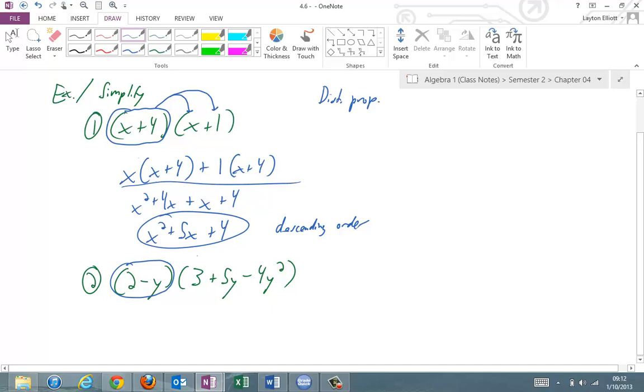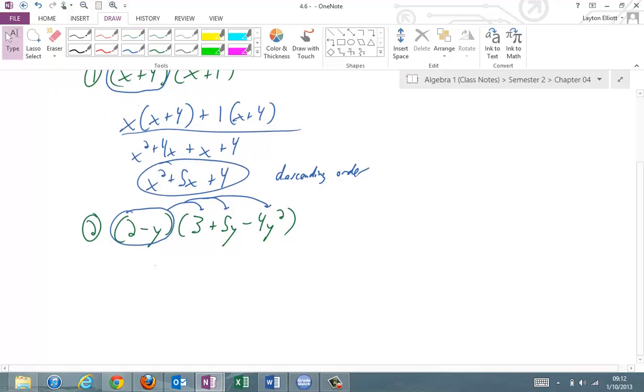Take the 2 minus y, we're going to multiply it by the 3, then by the 5y, then by the 4y squared. So we get 3 times 2 minus y, plus 5y times 2 minus y, then minus 4y squared times 2 minus y.